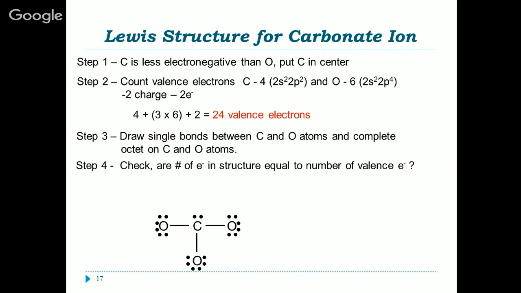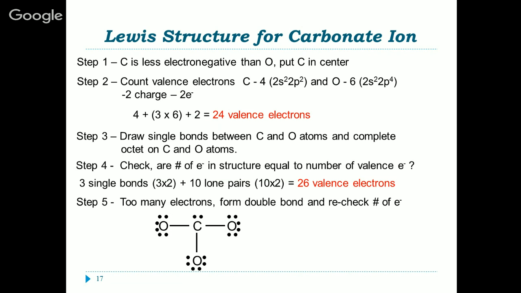So now we do our count to make sure that we have the total number of electrons we need. 2, 4, 6, 8, 10, 12, 14, 16, 18, 20, 22, 24, 26. So there's a problem. We cannot have more electrons than what we're supposed to start with.